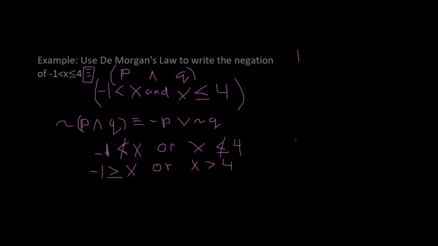So I'm going to draw a number line and plot some points on there. We're going to have a point right here that's going to be 0, and we're just going to do what we normally do with the number line. This is going to be -1. It's going to be 1, 2, 3, and 4.